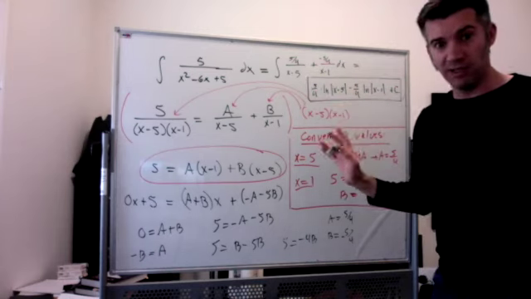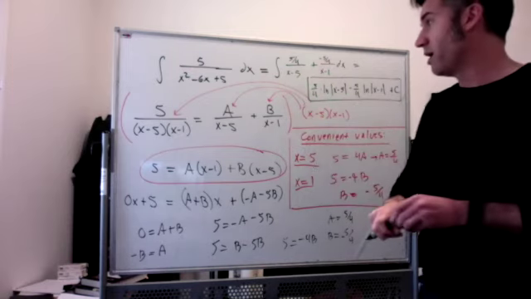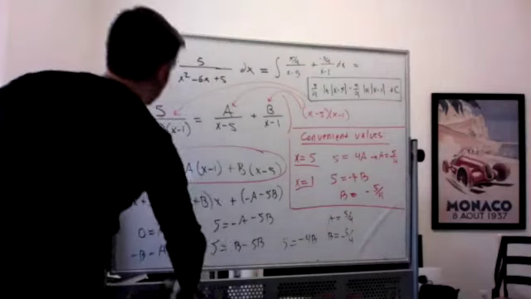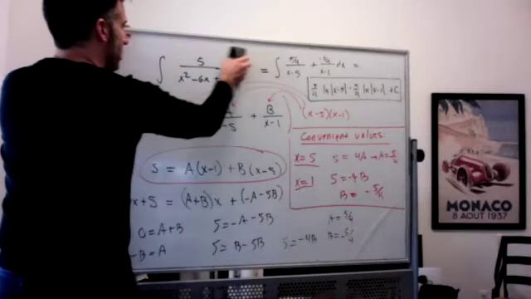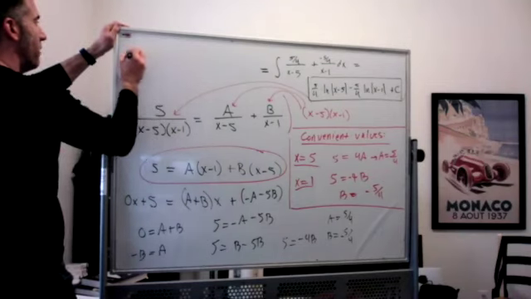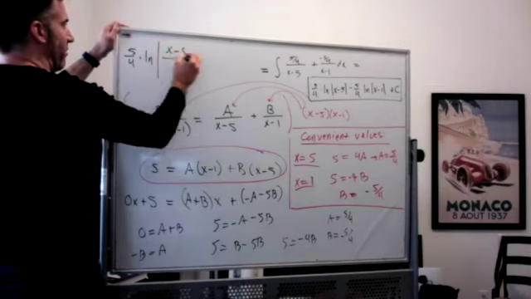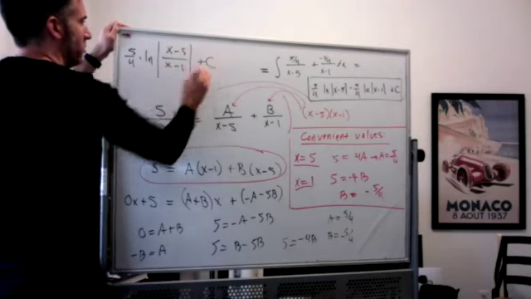I should mention, let's say you did this problem and then looked in the textbook for the answer. In a textbook, it might show you that the answer is 5/4 times the natural log of the absolute value of x minus 5 over x minus 1 plus c.